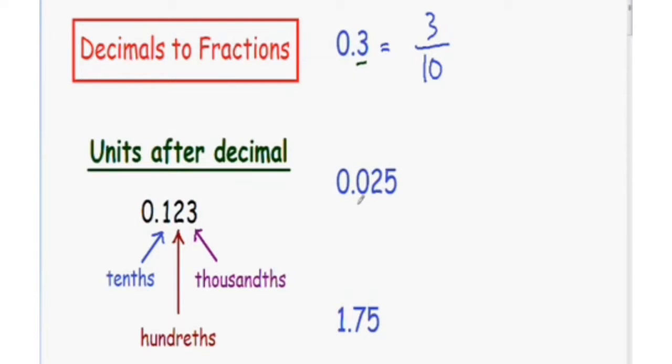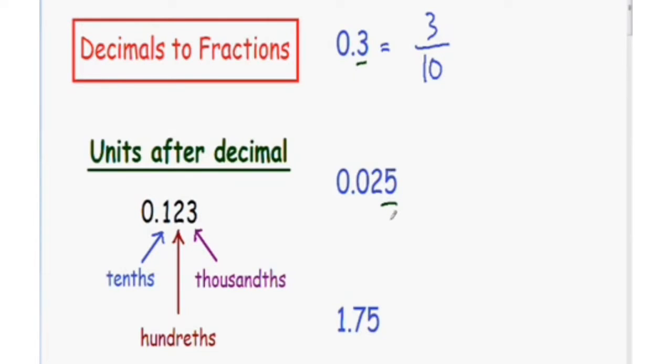The same way we are going to look at the second example, which is 0.025. The last digit 5 is in the thousandth position. Because 5 is in the thousandth position, it simply means our denominator is going to be 1000.